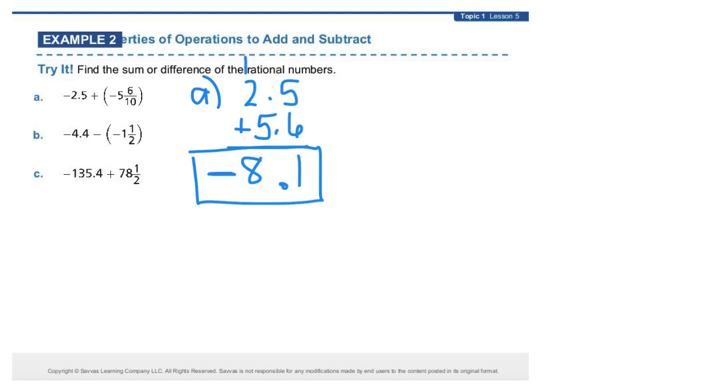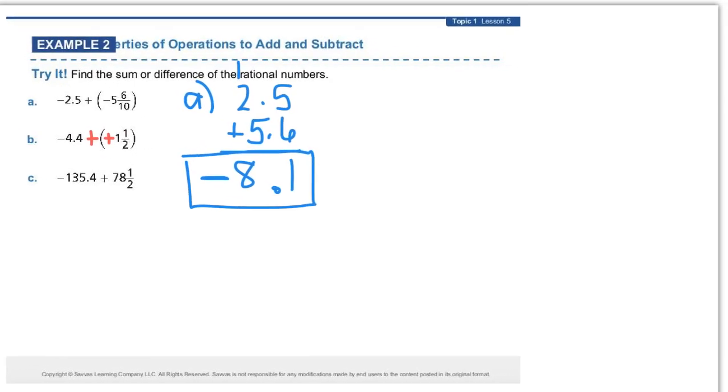On letter B, we're going to keep, change to addition, change to positive. Now, if you remember my rule, if I have different signs, I'm going to look for which one is bigger. And my answer is the negative one is bigger.